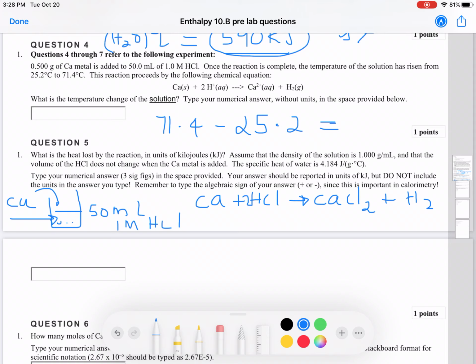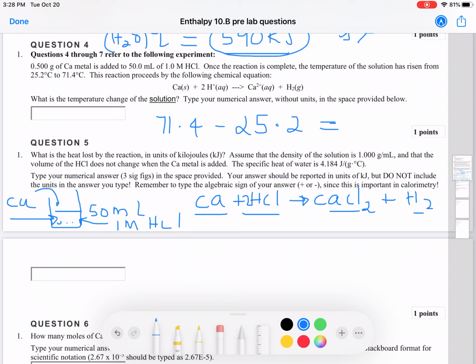Okay, now this is happening in the hydrochloric acid, and in the hydrochloric acid we also have a bunch of water. It's not just the hydrochloric acid, it's dissolved in water. Now the calcium metal that we put in is going to react with the hydrochloric acid and form calcium chloride and hydrogen gas.